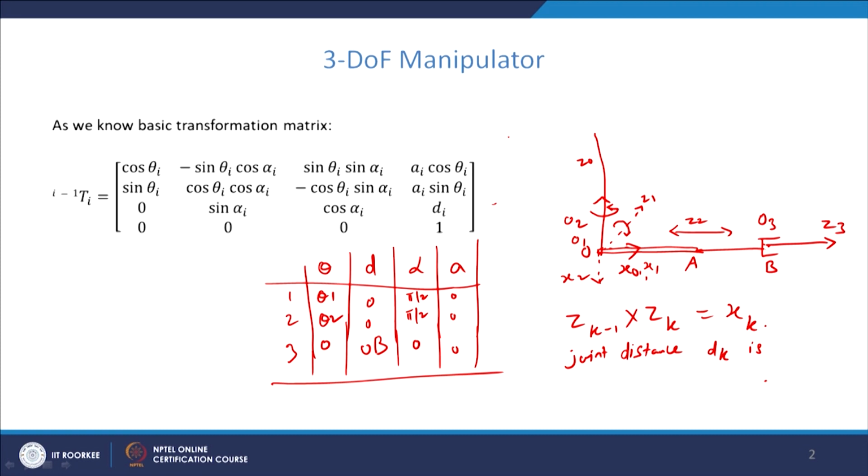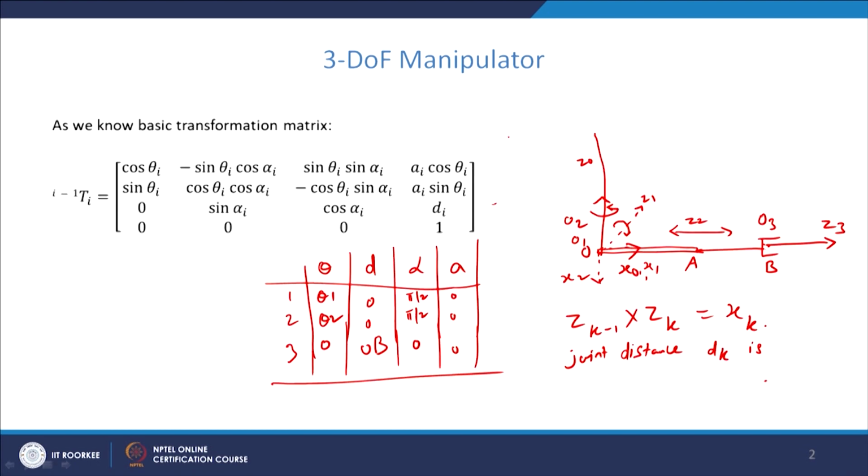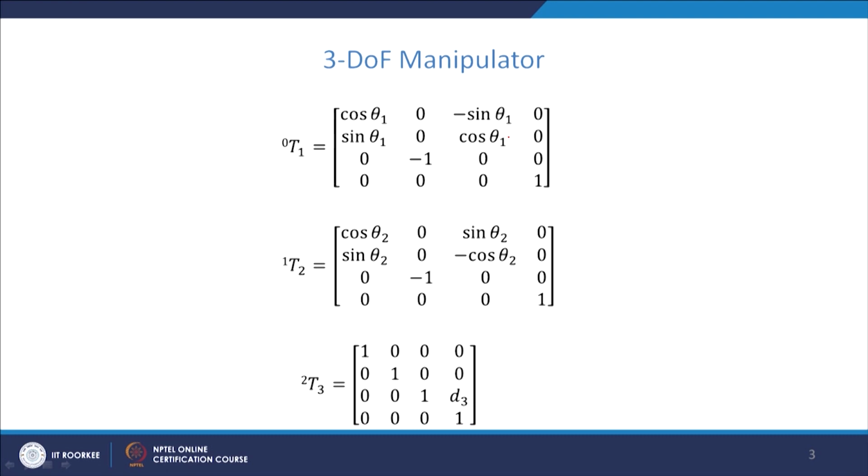If you substitute, D3 is the distance OB, and theta is 0 in this case. If you substitute here, we get the identity matrix for the first 3 by 3 matrix and 0 0 D3.